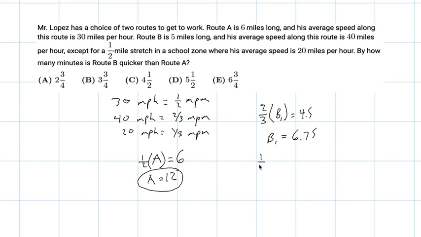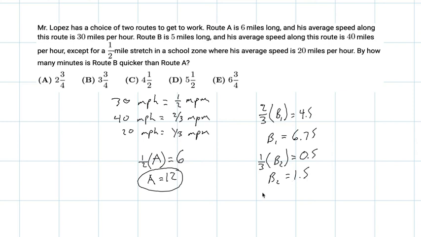And then the next, we'll call it B2. This is for the half-mile segment. That's going to equal 0.5. And so B2, if you do that math out, 3 times 0.5 is going to be 1.5.